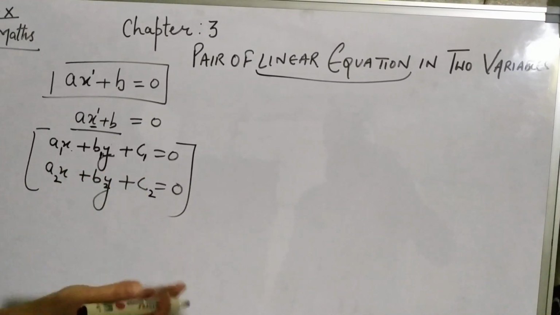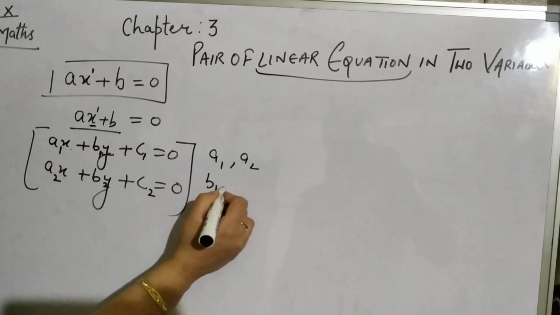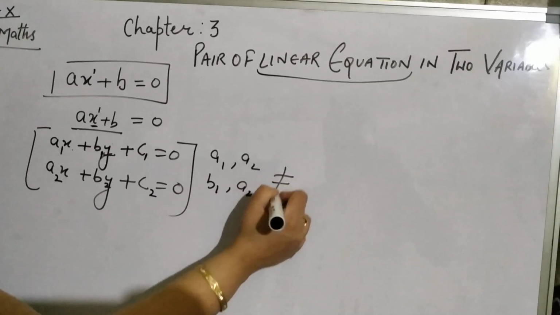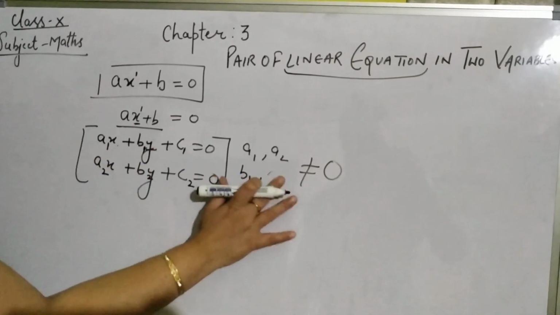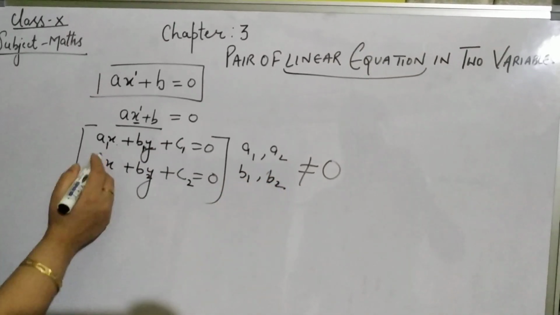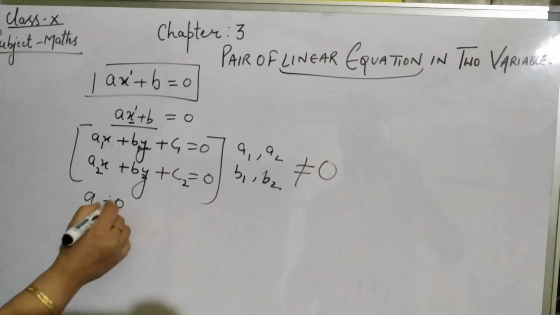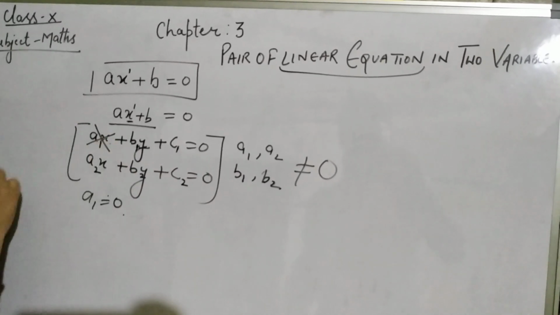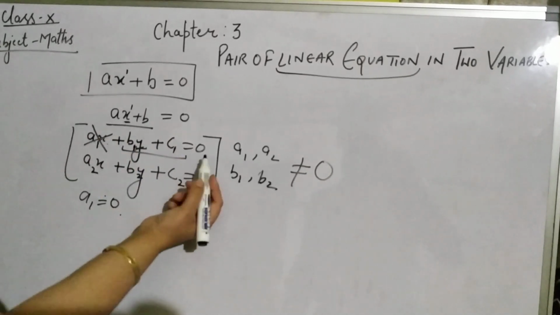Now one condition is also there: a1, a2, b1, b2 should not be equal to 0. Why? If a1 becomes 0, then this term will be cancelled out and only b1y plus c1 is equal to 0 is left.